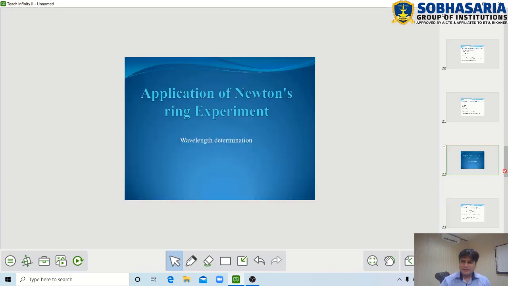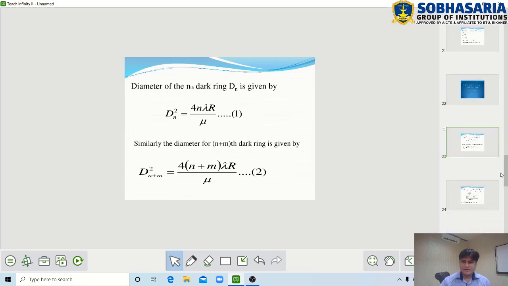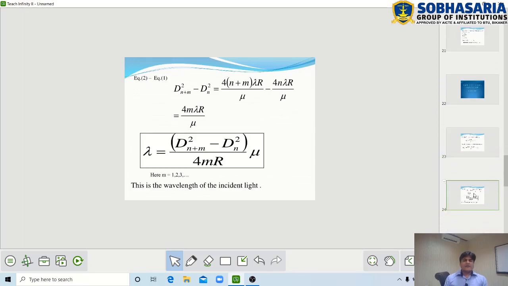Now subtract equation 1 from equation 2. So d(n+m) square minus dn square equal to 4 (n plus m) lambda R upon mu minus 4n lambda R upon mu.